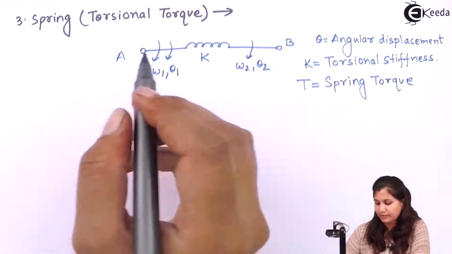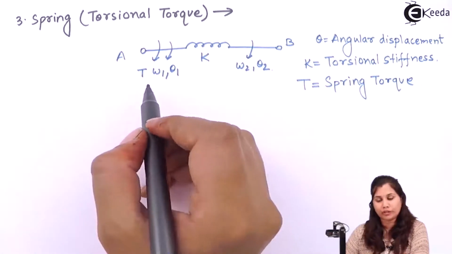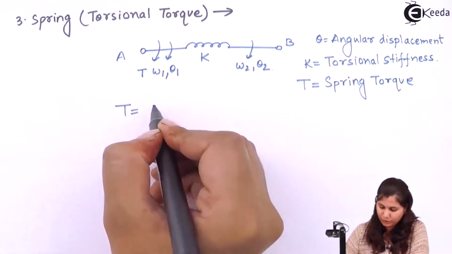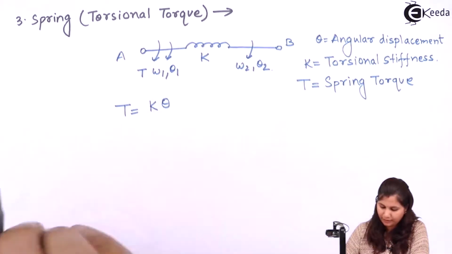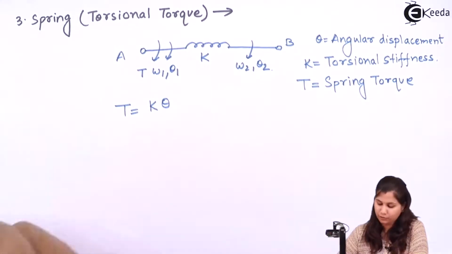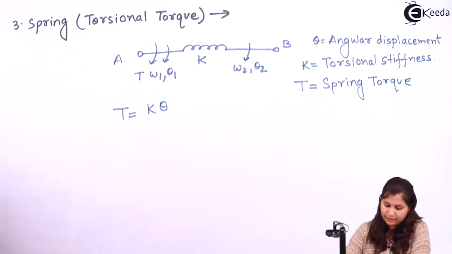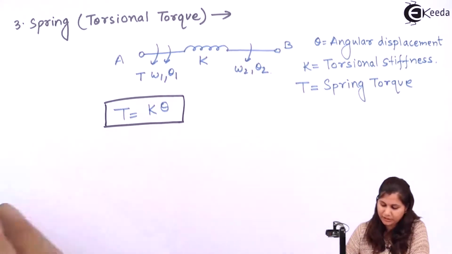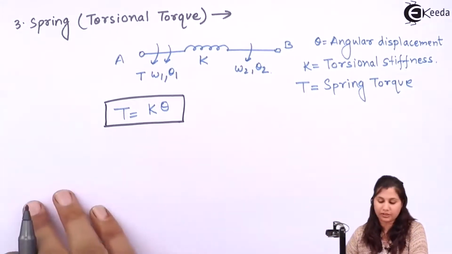If we write the relationship for the torque applied on the spring, we will get T equals K theta, where theta equals theta 1 minus theta 2. So this is the representation of the spring element, and we have studied the representation of all these three elements.